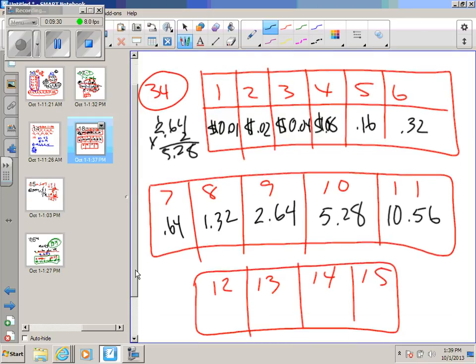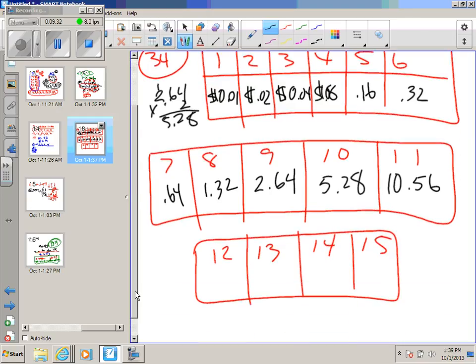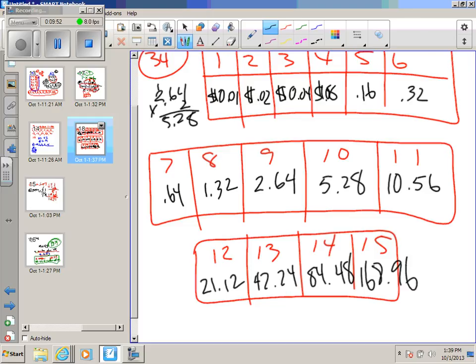Okay. 56 and 56 would be $1.12, so 21.12. 42.24, 84, and then 168 with 96. 163.